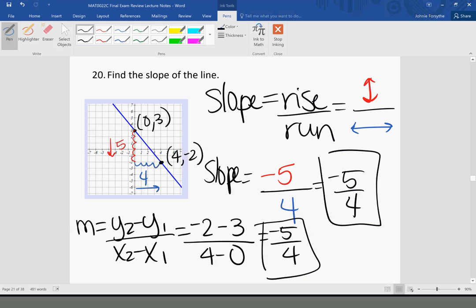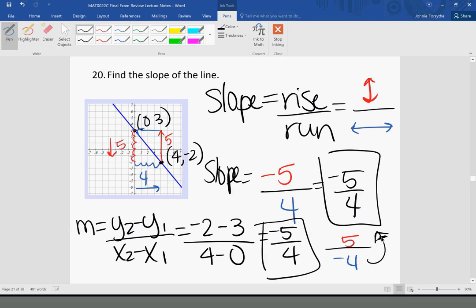So you could find 2 points and use the formula, or you could just literally count your rise over run, even if you went the other way. If we went up 5, that's positive 5, and then we went to the left 4, that would be negative 4.